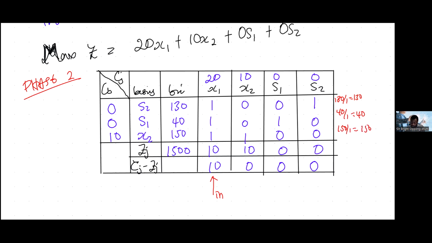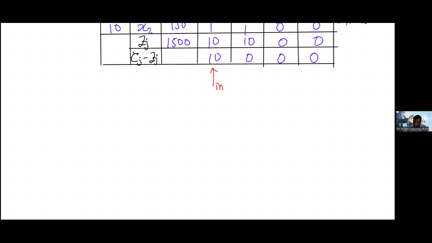So the least value is 40, and that row will be out. So this is our pivot number. That means that the non-basic variable X1 is entering into solution to replace S1. So our next iteration, X1 will replace S1. So let's do that real quick.